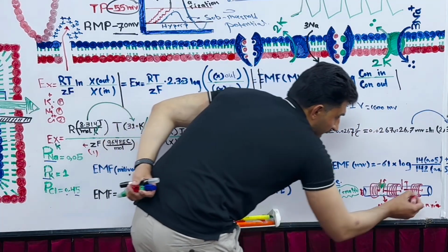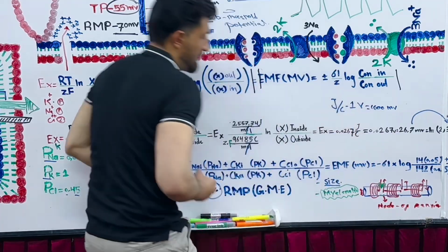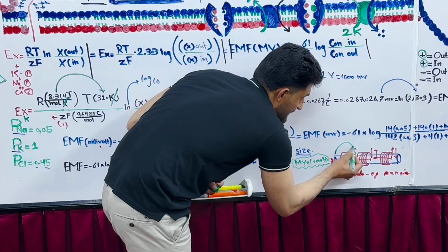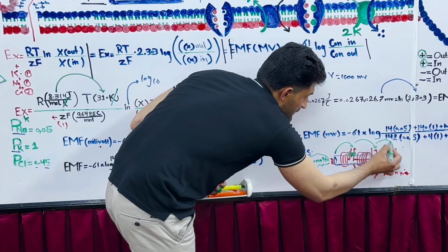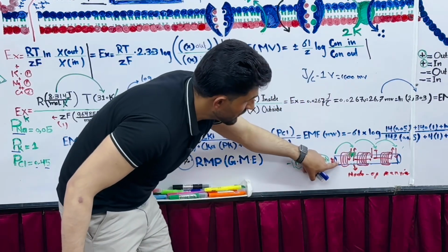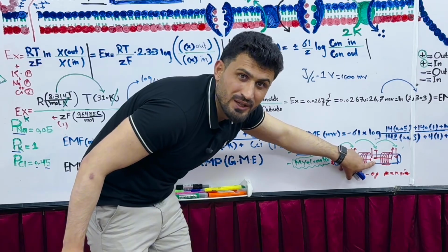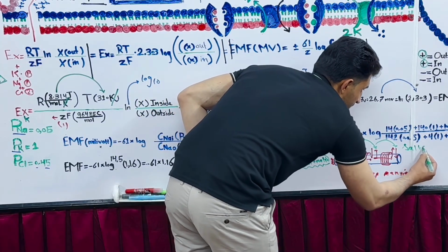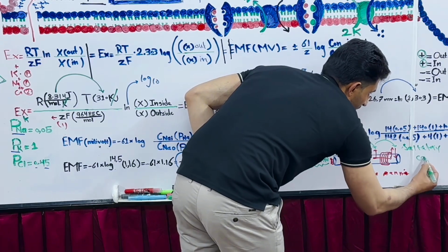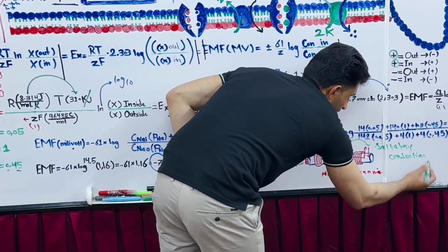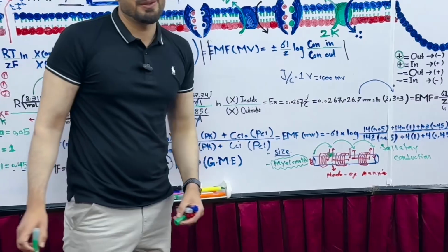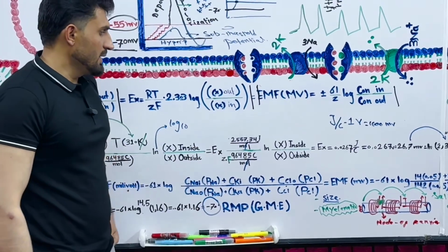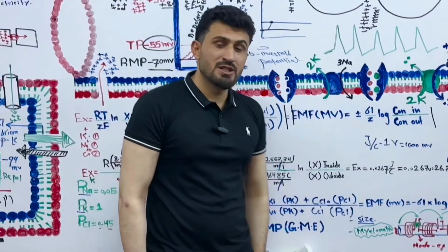The depolarization jumps from one node of Ranvier to the next node of Ranvier, and this is called saltatory conduction. The word saltatory relates to the military system. Anyway, speed of action potential depends on these two factors.